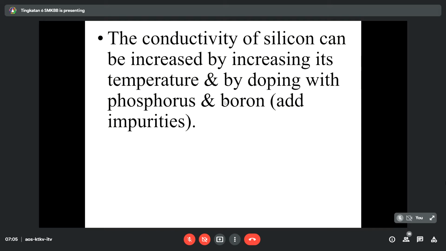Because a semiconductor is like that, low temperature, not functioning well. So you want your gadget to function well from the beginning until the end. So at the beginning, the function is helped by impurities. Then as the temperature gets higher and higher, even without impurities, the silicon already functions very well. Okay, so there, how to improve the quality of a semiconductor.